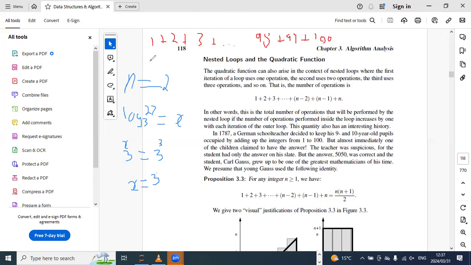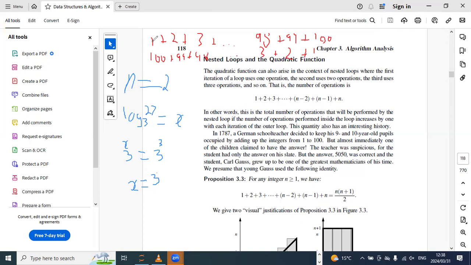And then also write it in reverse: 100 plus 99 plus 98, and so on, down to 3 plus 2 plus 1.